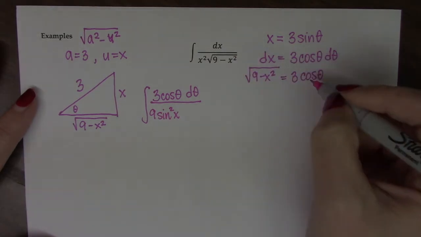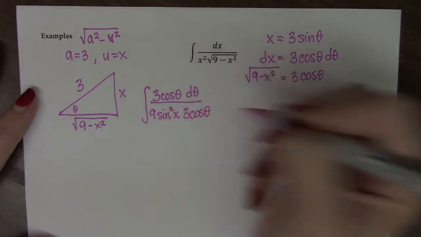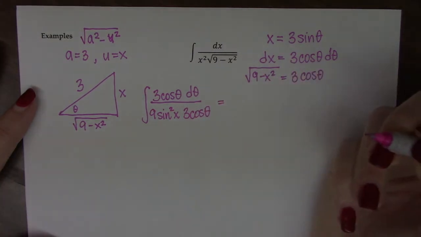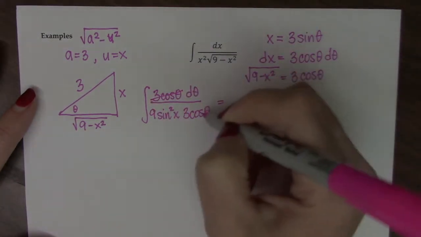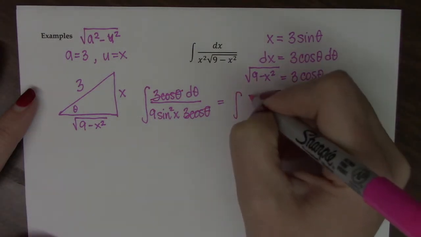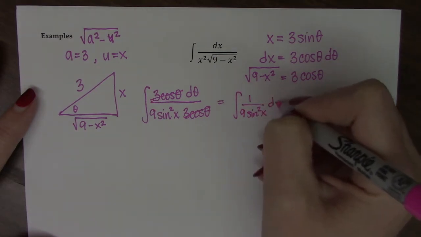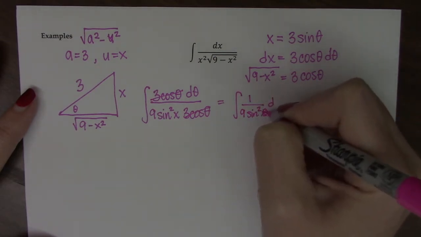The radical itself will be defined as 3 cosine theta. Then we simplify and integrate. The 3 cosine theta cancels the 3 cosine theta, and what I'm left with is 1 over 9 sine squared theta d theta.